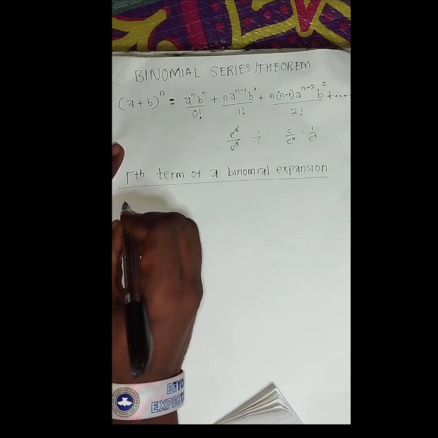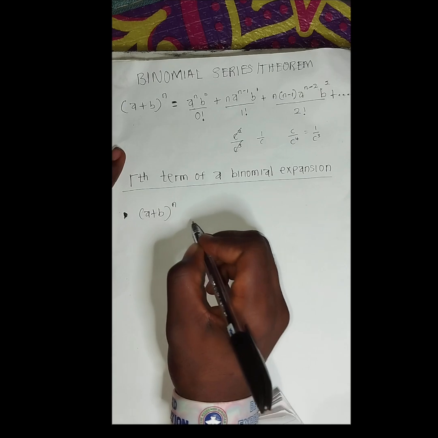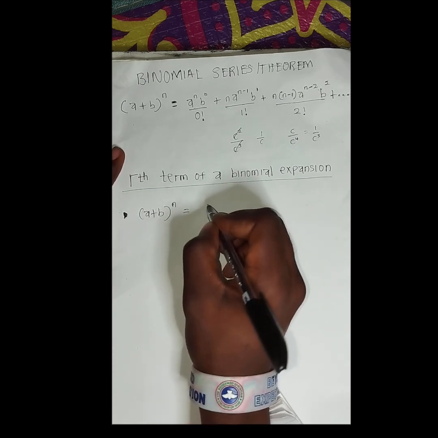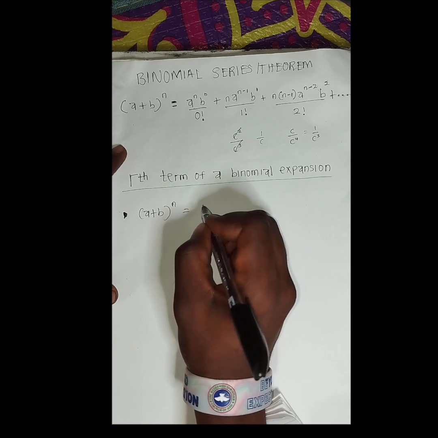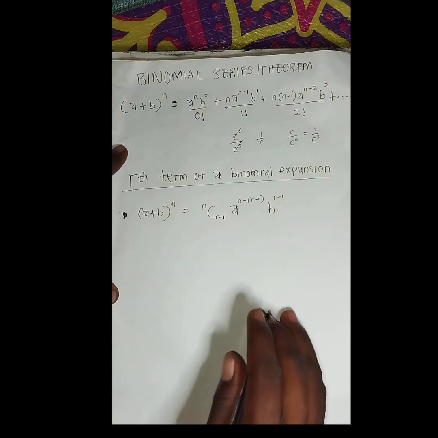To find the rth term of a binomial, if you're given a binomial a plus b raised to the power of n, we say n combination r minus 1, a raised to the power of n minus r minus 1, b raised to the power of r minus 1. Simple. Just too simple. This is the strong man here.